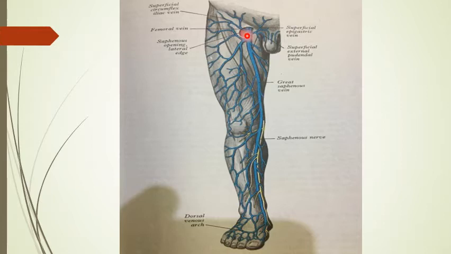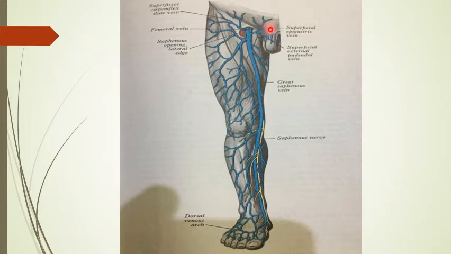This is the one vein which is draining this vast area on each side of the thigh. These are the communicating tributaries of these veins, which bring the venous blood and drain into the great saphenous. Similarly, from the other side also veins are coming.